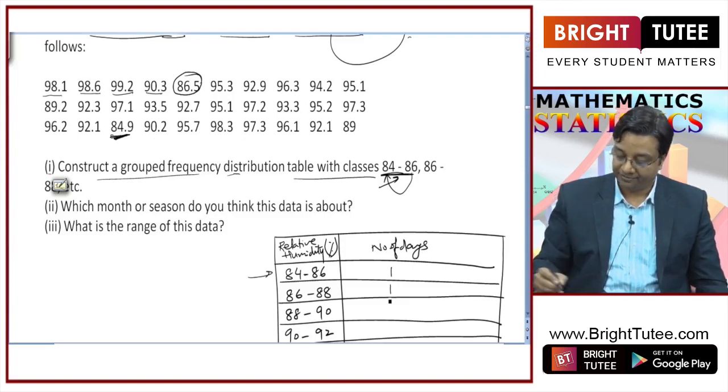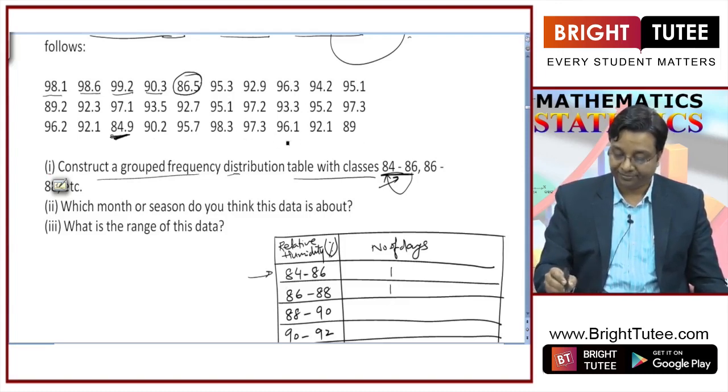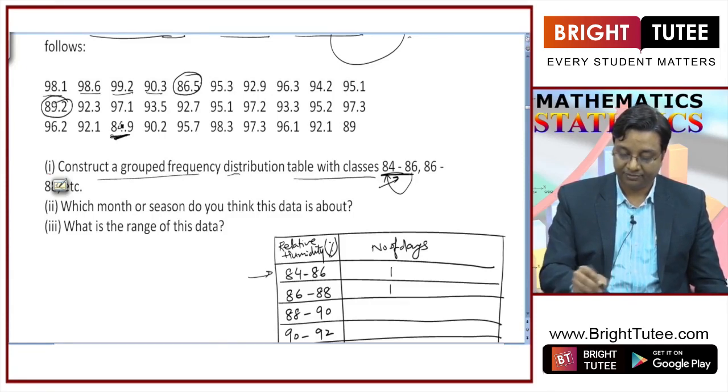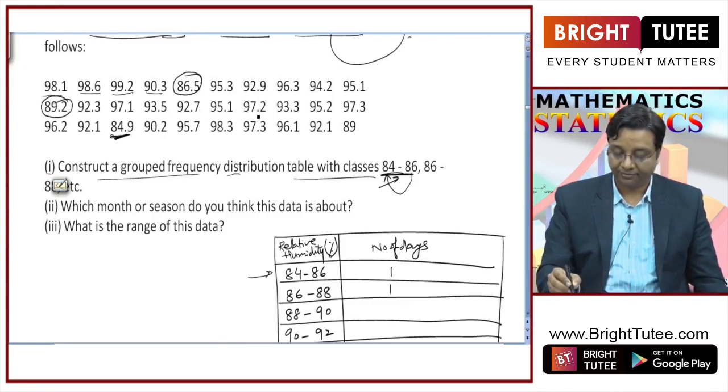So only one day. 88 to 90. This one, and this one.